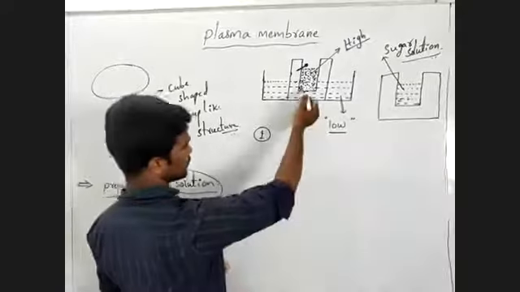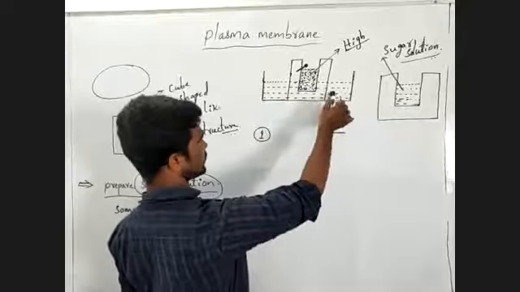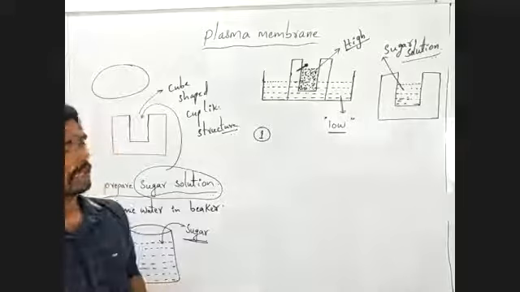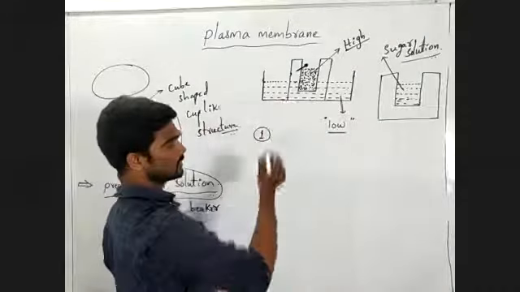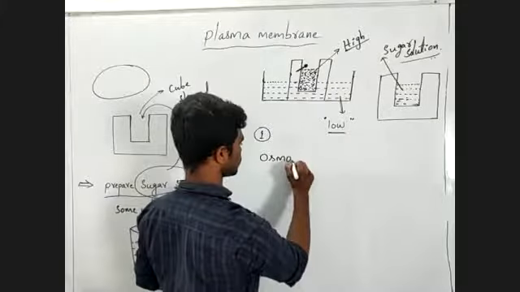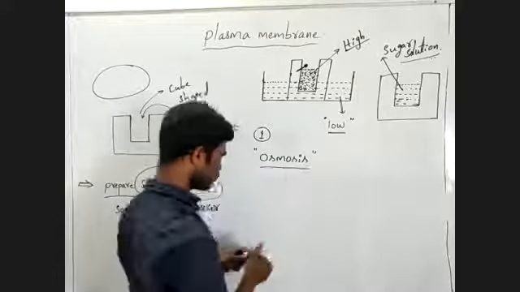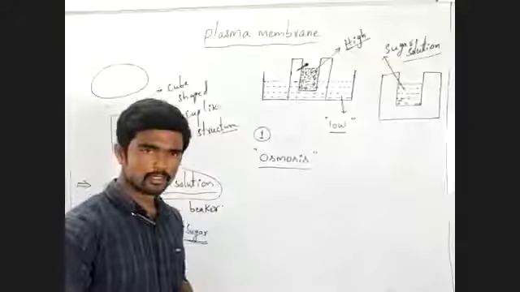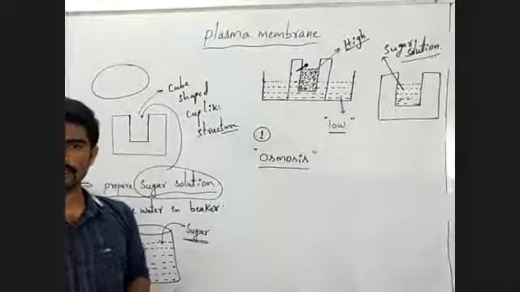Here concentration gradient was created. In this condition, osmosis process takes place. Already I told you, osmosis means movement of water from low concentration to high concentration.